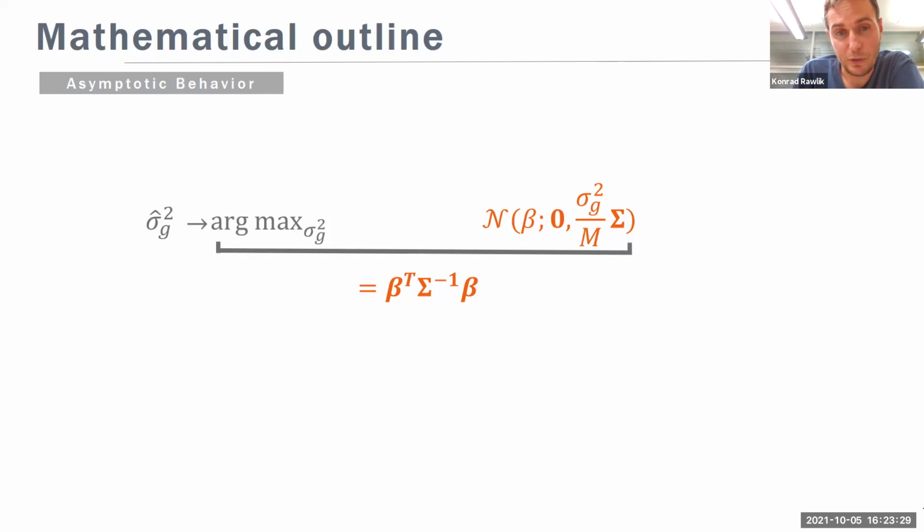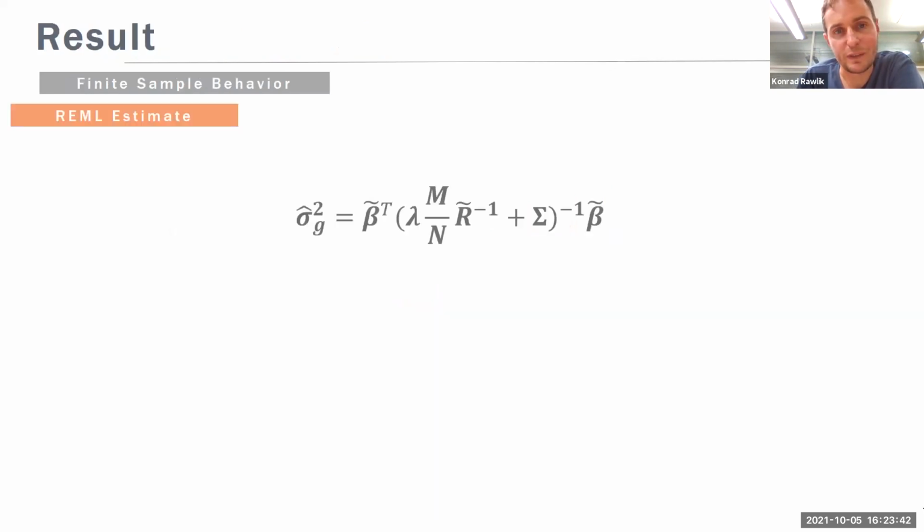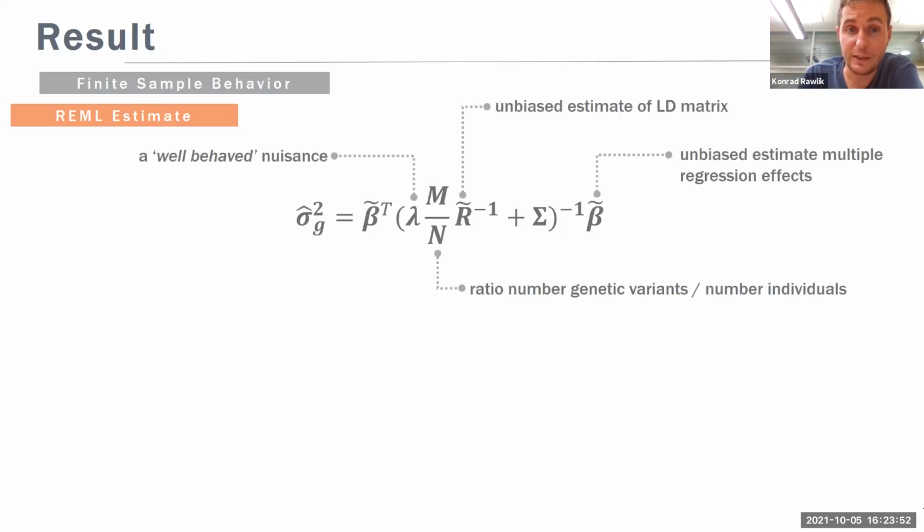You can do this whole process more formally and more carefully, without taking the limit, and you get a more general expression, and this is what you get. You can write the REML estimate as a function of several terms. You've got these b tildes, which are just the ordinary least squares regression coefficients, which are unbiased estimates of the multiple regression effects of the SNPs.